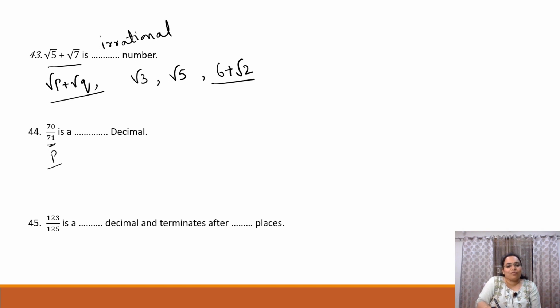This is in the form of p by q, but we cannot get q in the form of 2 power n into 5 power m. We cannot get in this form. So it is a non-terminating repeating decimal.